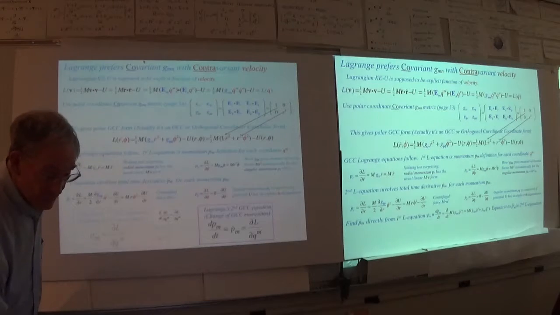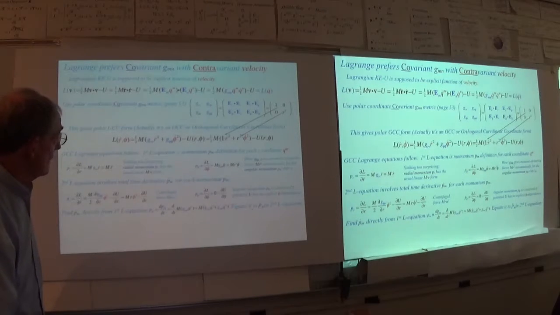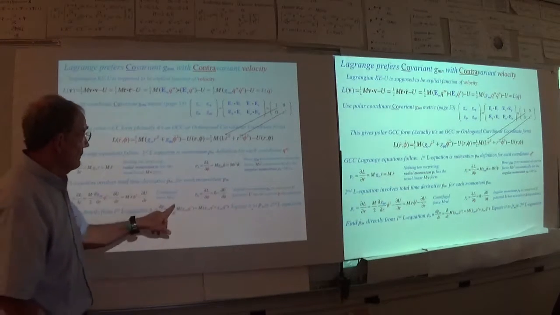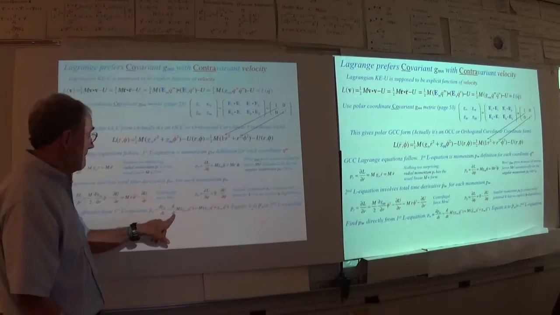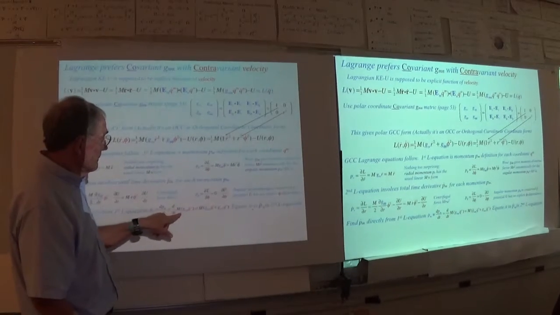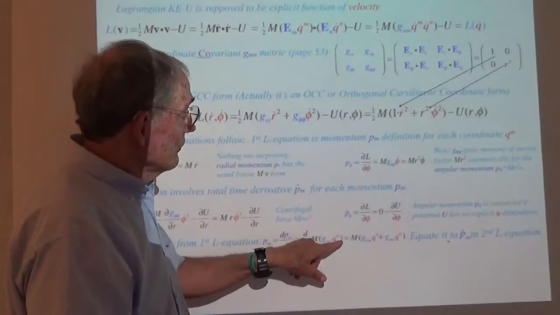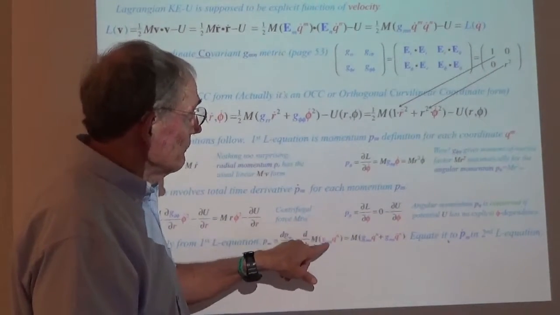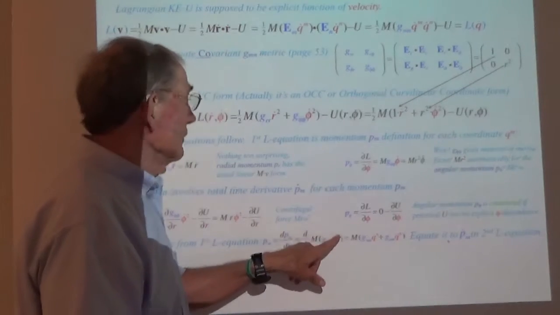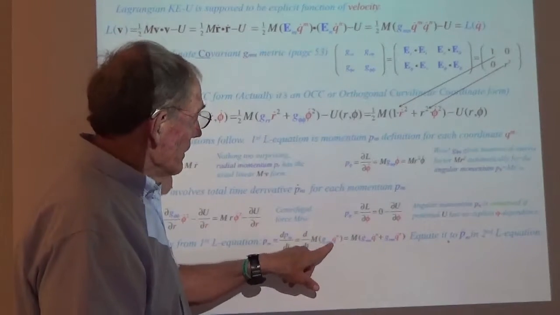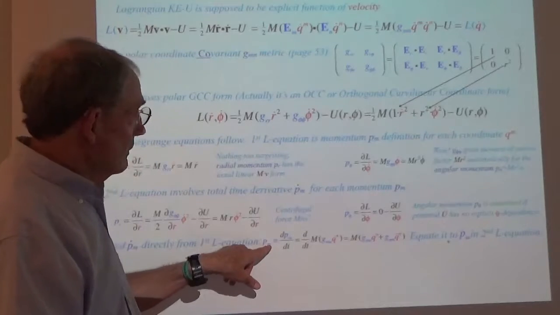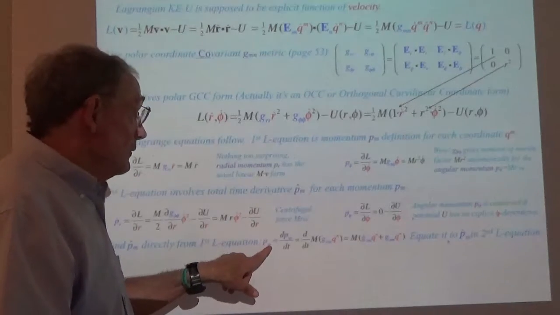So let's go ahead and do it on this side too. What we have here is the derivative with respect to time of this momentum expression, which is the metric tensor summed over the velocities, the radius velocity and the phi velocity, for a particular component m, and m can be either r or phi.